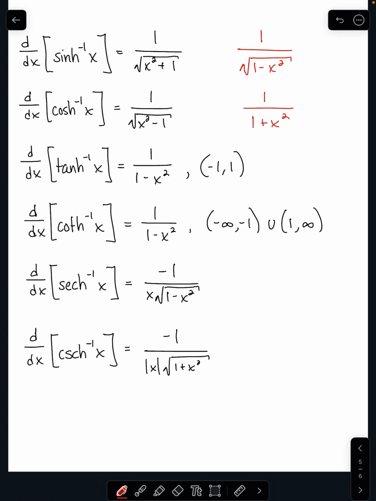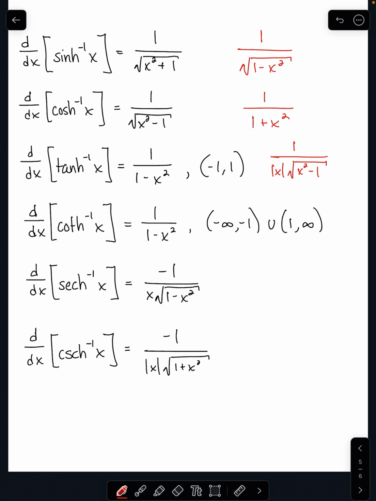Now again, the only two here that are similar to it are the inverse hyperbolic tangent and inverse hyperbolic cotangent, but note that they are not addition. They are subtraction, 1 minus x squared, as opposed to 1 plus x squared. And lastly, the arc secant and arc cosecant functions, differing only by a negative, are 1 over the absolute value of x times the square root of x squared minus 1.